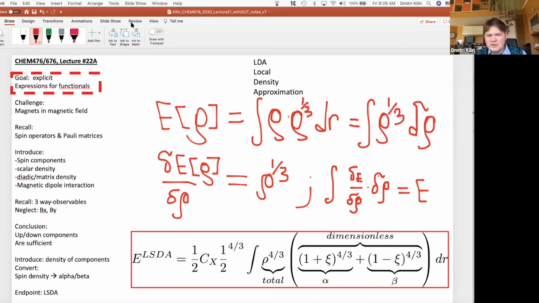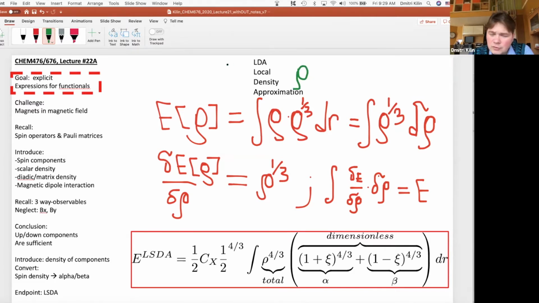And even before that, let me comment on the subject that Sarah did notice, but we may want to discuss this subject once again in a little bit more detail. So the energy as a function of density is obtained in the so-called local density approximation.